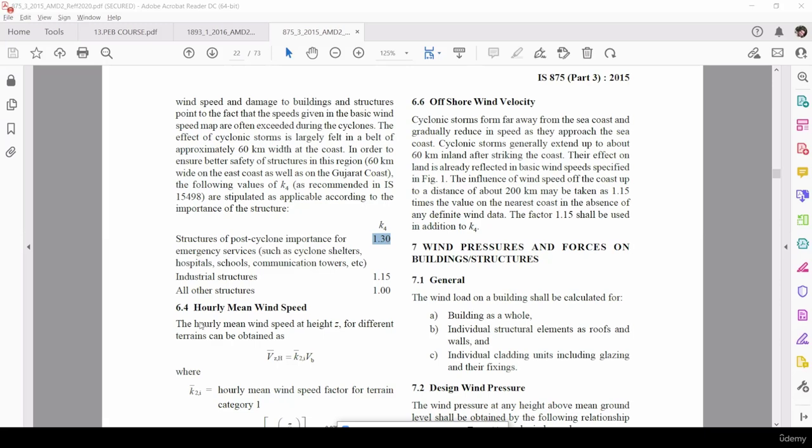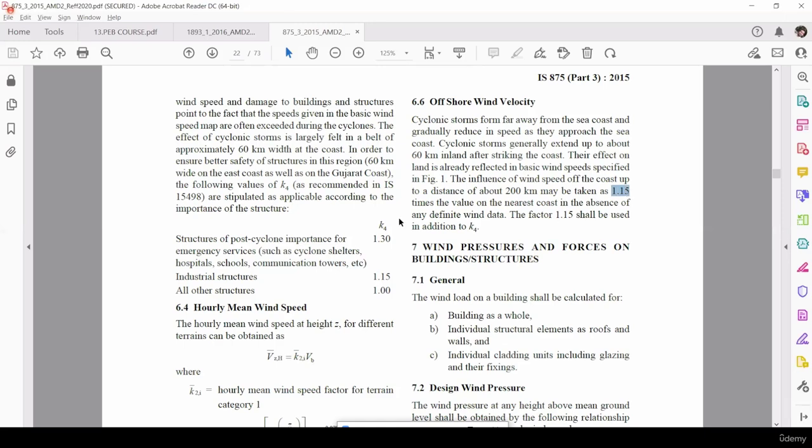So how and when to use this, the client clearly has to give this. Suppose we take a city like Vizag. In addition to that, the influence of the wind speed of the coast extends up to a distance of 200 km, coastal areas up to 200 km.